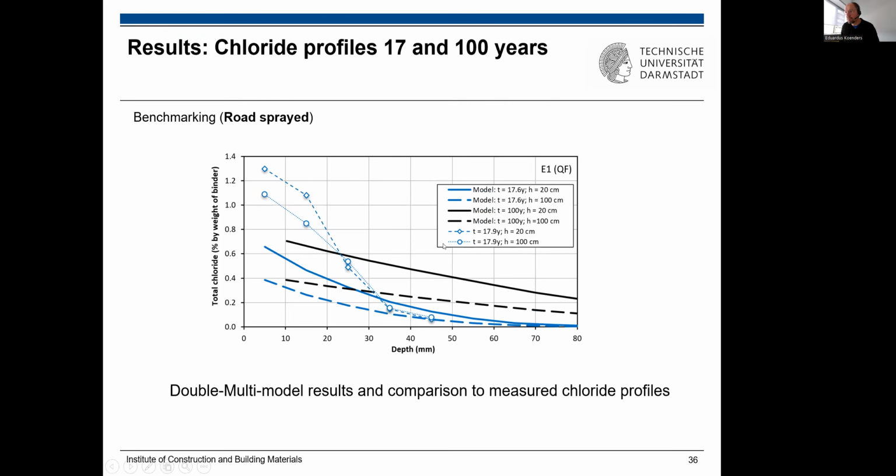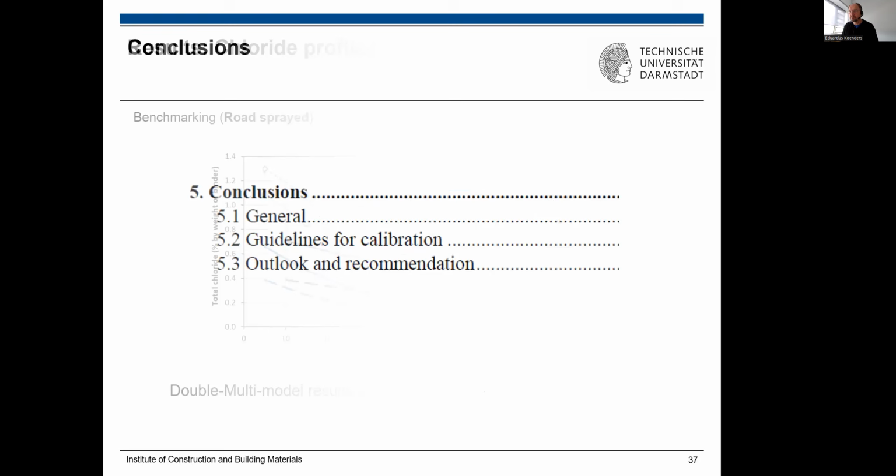Here you see also 100 years, and I think the results are also quite good. But you see also here the complexity of the whole modeling approach, how sensitive the parameters are, and how difficult it is to get a good simulation prediction.